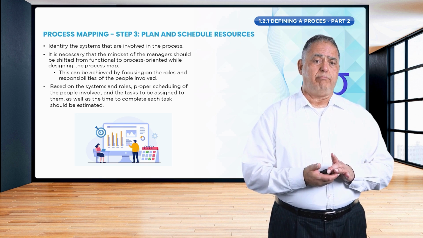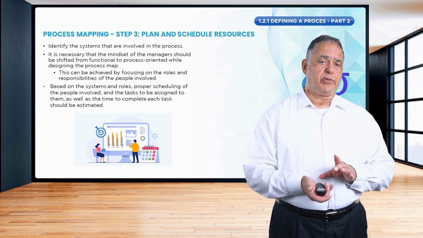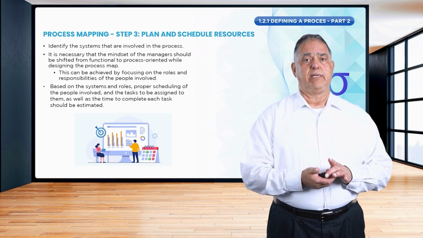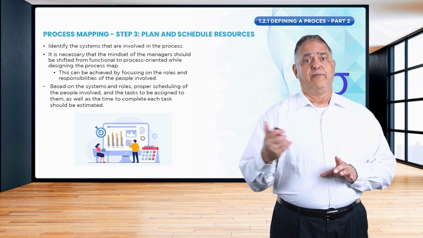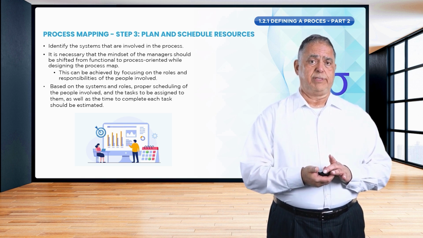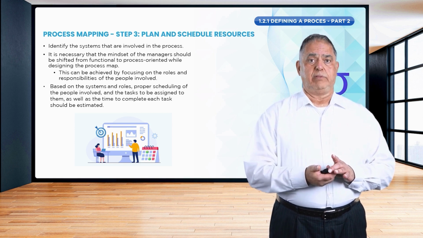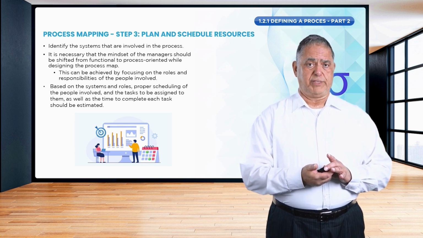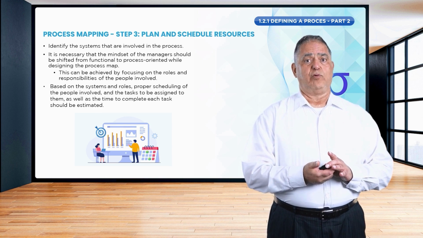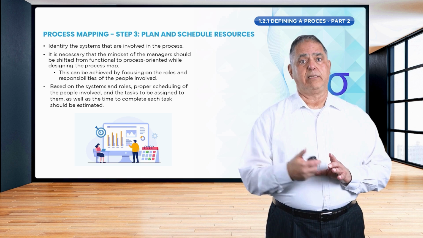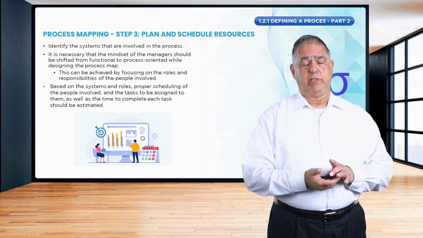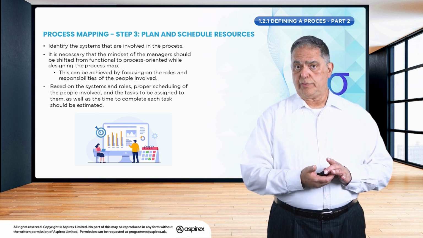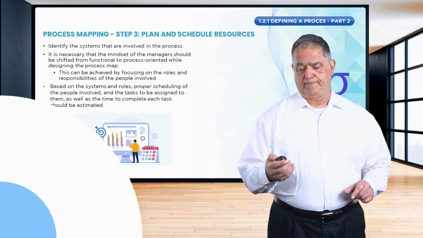So, based on the system's roles and responsibilities, etc., we have to make sure that the required resources for process mapping and for running the process will be available when we need them. And this is typically the responsibility of senior management that have oversight of the project, like the sponsor or the champion, to make sure that the team has everything they need in order to successfully complete the project.